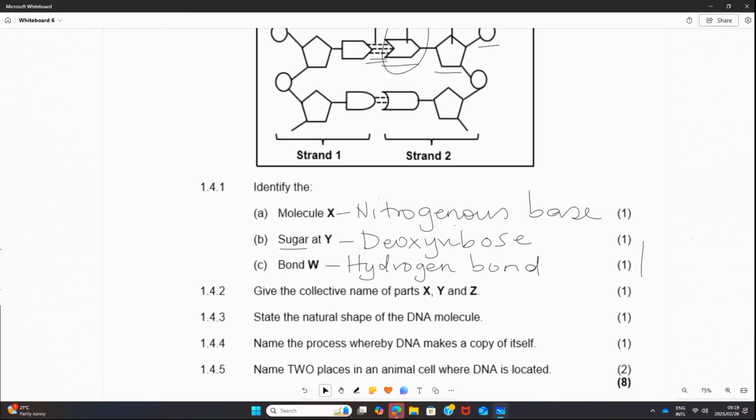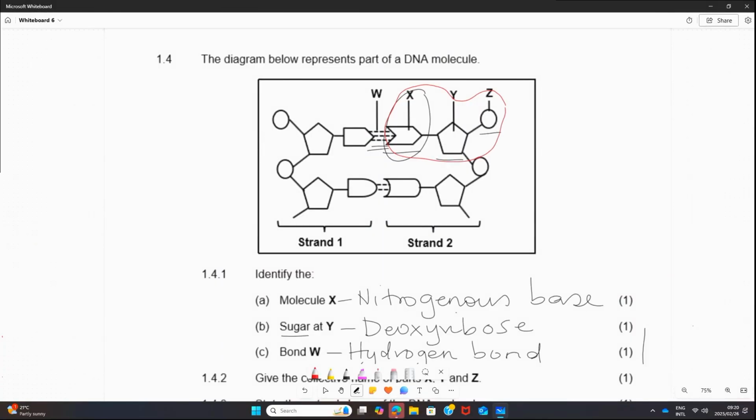Now, question 1.4.2 says, give a collective name of parts X, Y, Z. Now let's look at our diagram. What is the collective name for X, Y, Z? So this is X, Y, Z here. It's a three-part molecule. And you know those three parts.